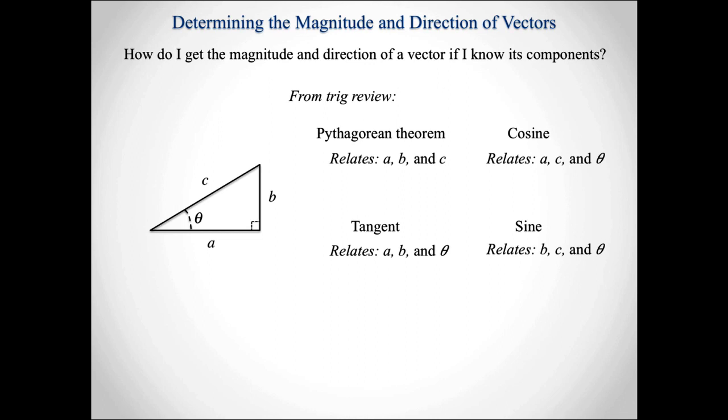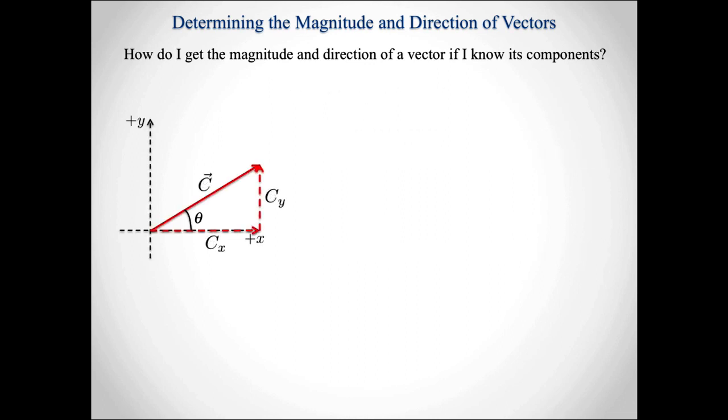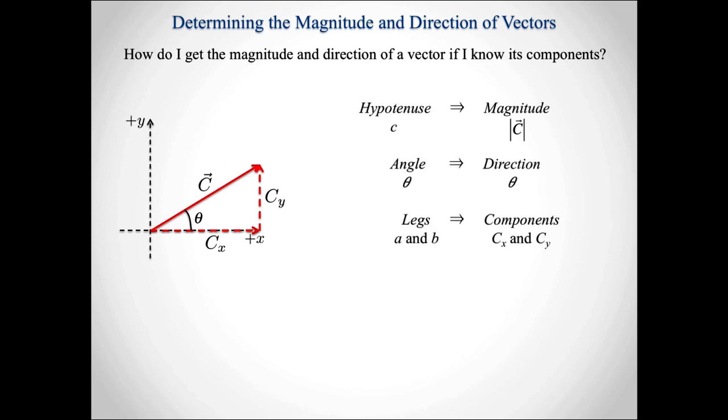And again, what we've done so far is say that if I have a vector c that happens to point out here in a certain direction, it makes an angle theta with the x-axis. What I'm interested in is how that information that I had previously now maps to talking about vectors. Well, the length of the hypotenuse is going to be equal to the magnitude of the vector c.